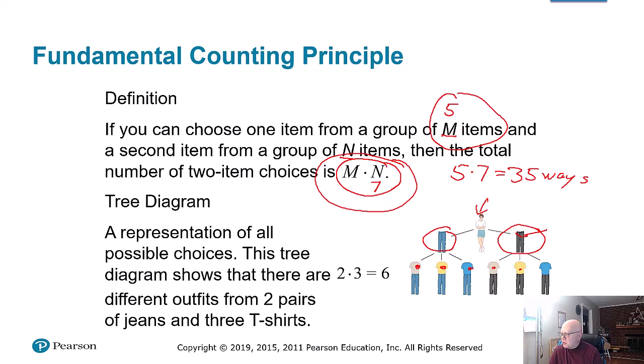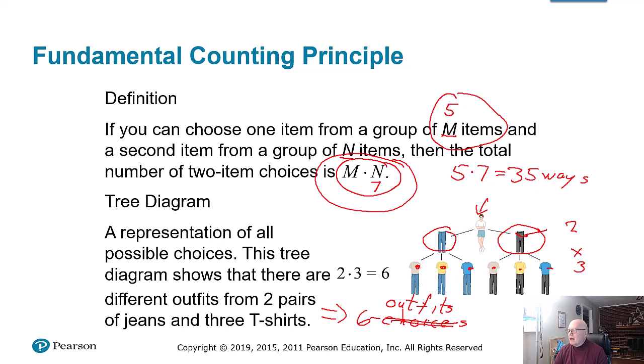So if you only had 2 pairs of slacks and 3 shirts, you could wear 6 different outfits. In other words, you could wear a different outfit from Monday through Saturday, or Sunday through Friday.